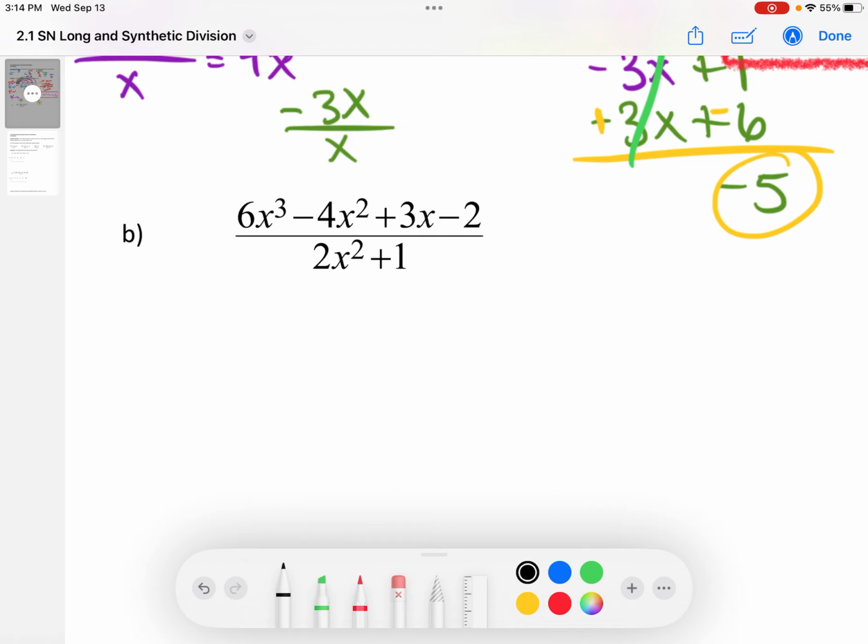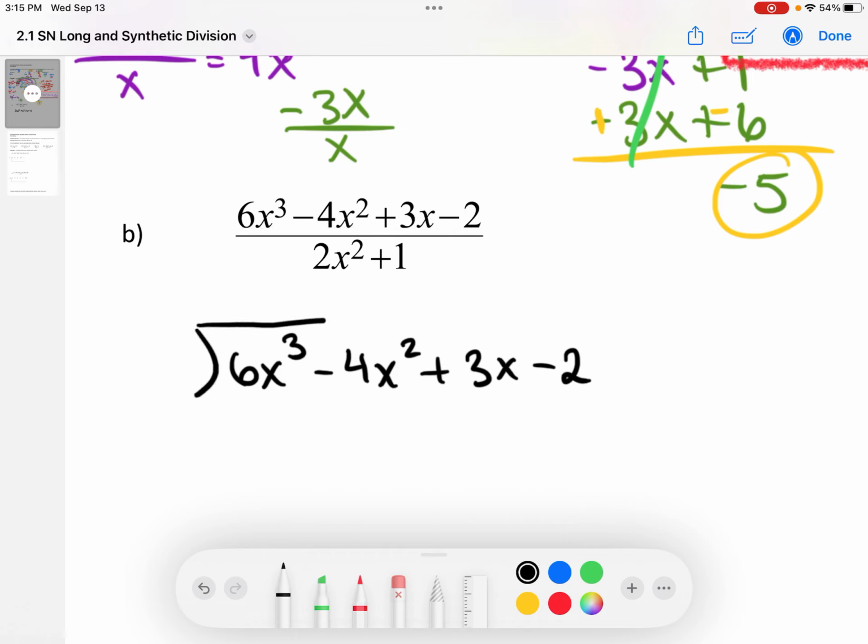First thing we're going to want to do is write it in the division bar. It starts with an x to the third power, so 6x to the third minus 4x squared plus 3x minus 2. We had a third power, a second power, a 1 power, and a no power. So we do have all the powers we need. Okay, and that will be divided by 2x squared plus 1. That's a second power and a no power.